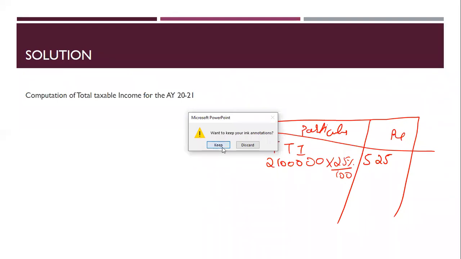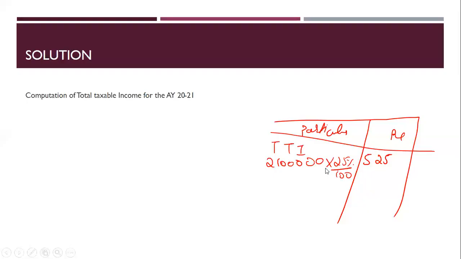Yes, now you are clear. So 5 lakh 25,000. Next to this, we need to add surcharges. Are we supposed to calculate surcharge for this question?